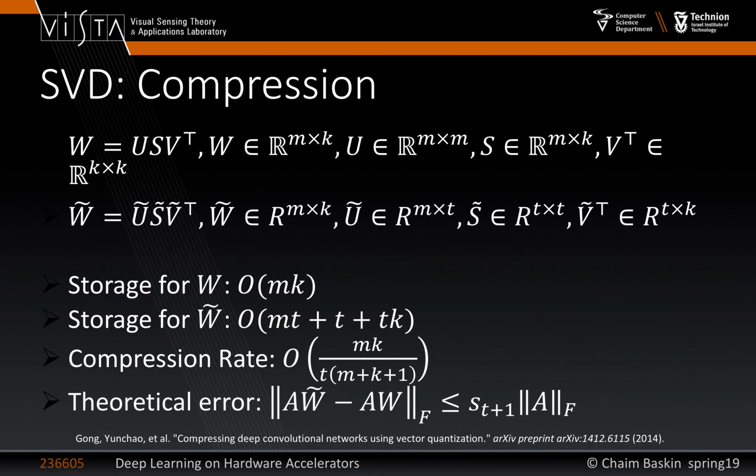Okay, so let's talk about the storage that we need. For the original W, we need O(mk) complexity, and for our pruned or reduced W, we need only mt plus t plus tk complexity.